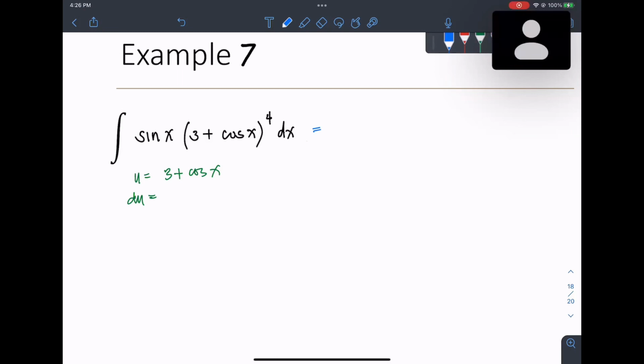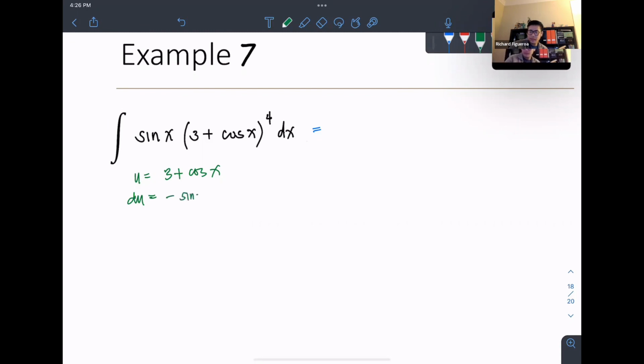Sin x squared over... Derivative of 3 plus cosine x. Derivative of 3 is 0. What's the derivative of cosine x? Negative sin x dx. Tama?